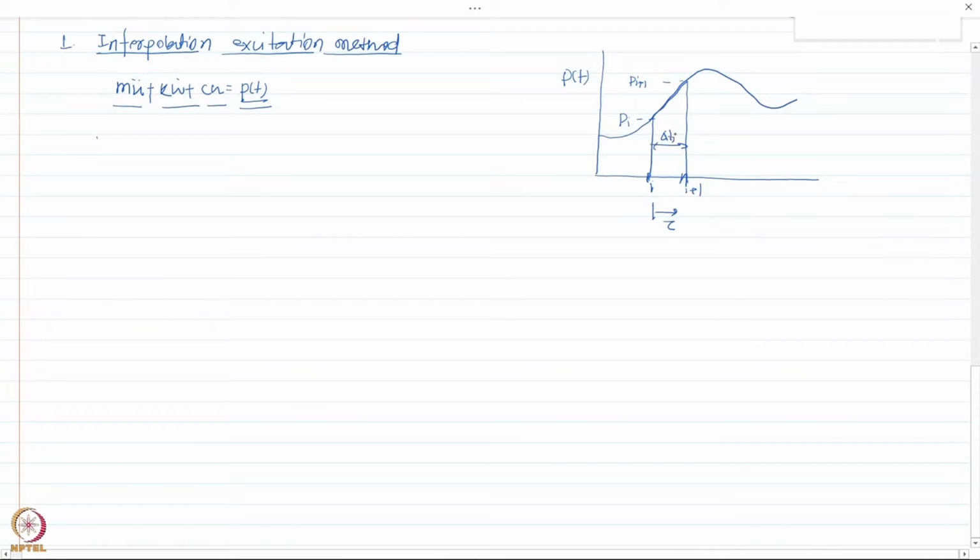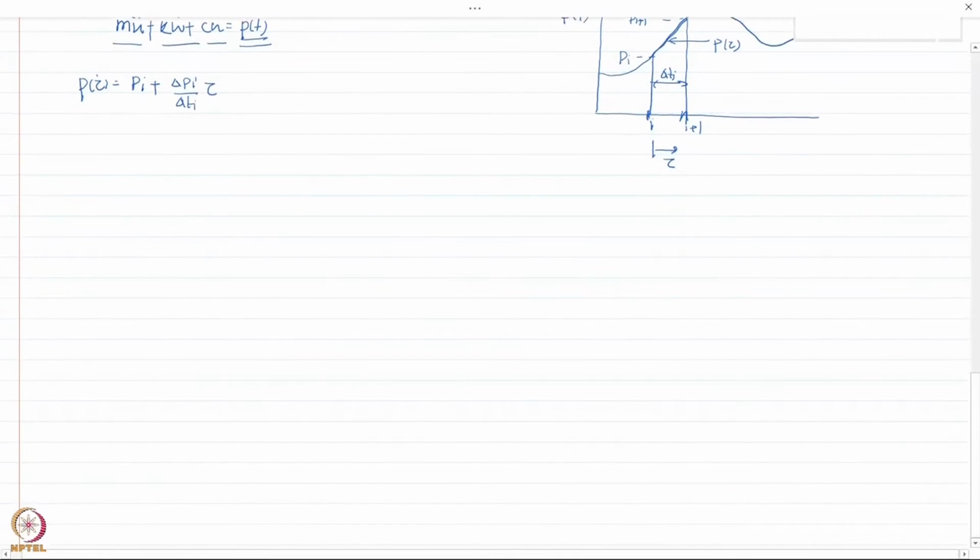So p(tau), at any time tau after step i, can be written as p_i plus delta p_i divided by delta t_i times tau. This is the interpolation of the excitation function.